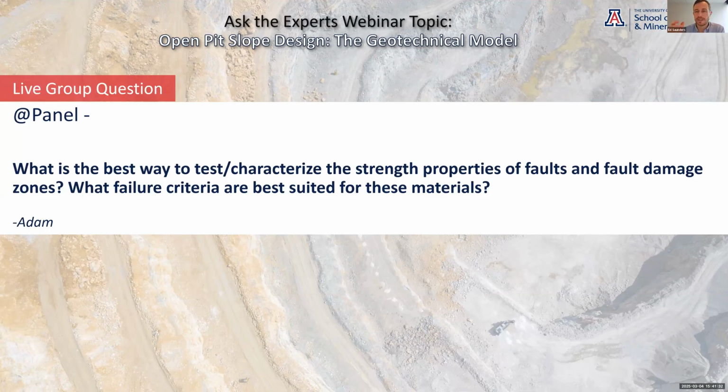That could be quite easy in an overconsolidated clay, where you can pull out a sample from the slope face or get a nice core recovery and test that in a triaxial. If you're in a granular material, then you've got to look at other means. Is that maybe more the empirical approach? I'll probably stop there before I get myself in trouble, but anyone else?